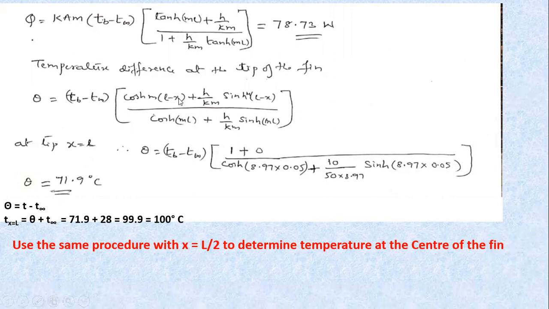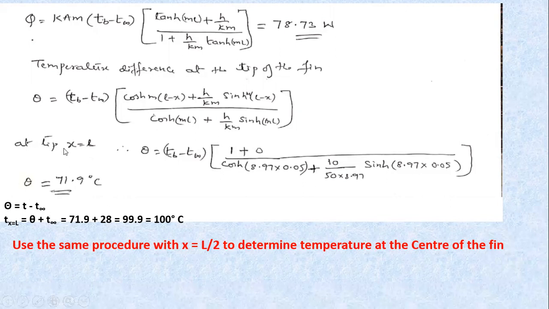At the tip of the fin, x is nothing but L. So L minus x is 0, so it is cosh 0. Cosh 0 is 1, and sinh 0 is 0. So I am substituting 0. If you substitute for all these, you'll get the value for theta. What is theta? Theta is nothing but the temperature difference between the fin and the atmospheric temperature.